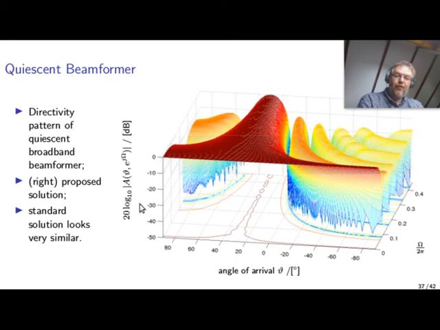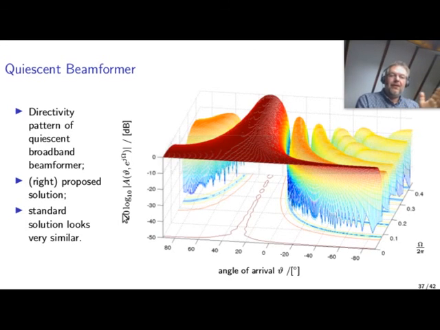Now, in terms of performance, if you just look at the Quiescent beamformer, which preserves the signal of interest in look direction but doesn't impose any particular constraints, this is the directivity pattern, meaning the gain response of our beamformer with respect to angle of arrival on the horizontal axis and frequency on the depth axis.